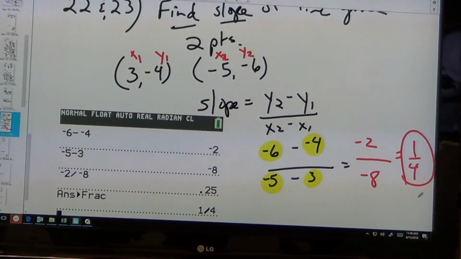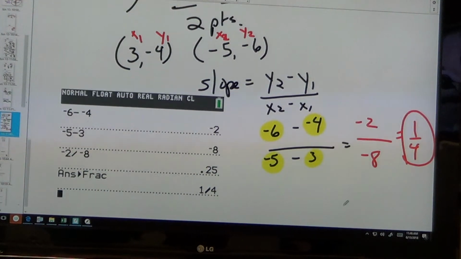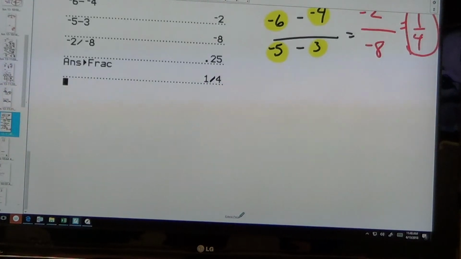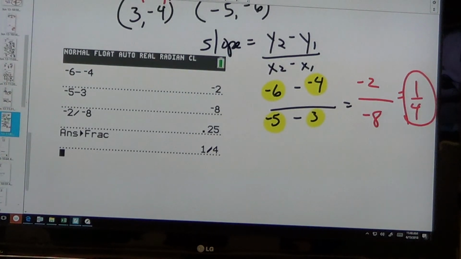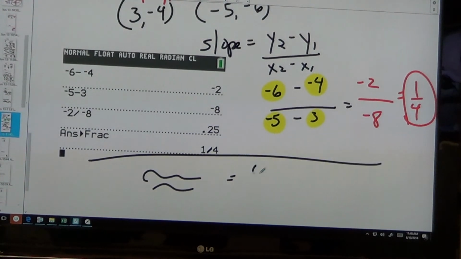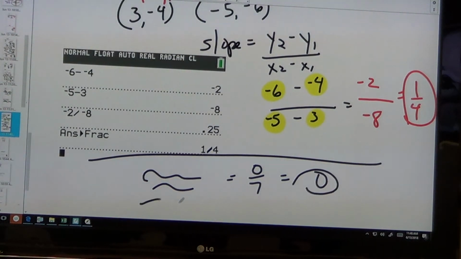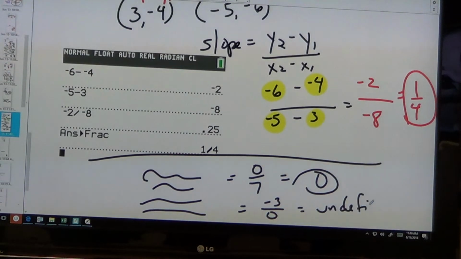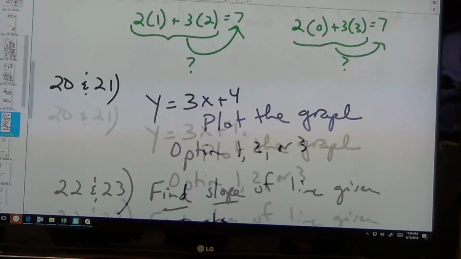And what if your slope, Ayana and I were talking about this, what if you worked it out and it came out to be 0/7? What would your slope be? 0. What if you worked it out and your slope became -3/0? What would your slope be? Undefined. Okay? So you have 2 of those.